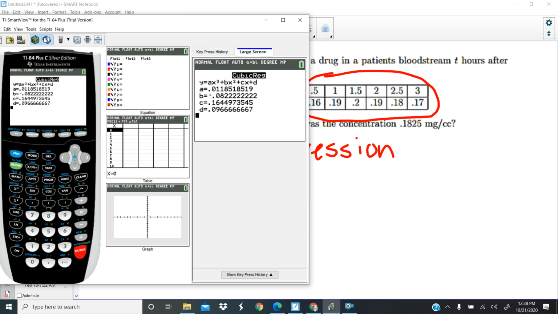Our cubic regression equation is 0.0118x cubed minus 0.082x squared plus 0.164x minus 0.0967, essentially. I'm going to pause and get a screenshot of what that looks like so that I can put it in our notes so that we can refer back to it.